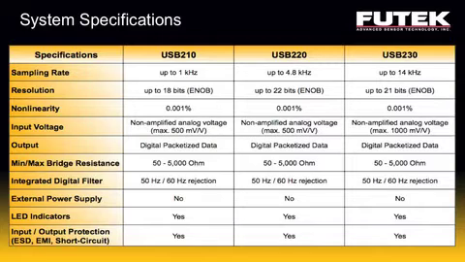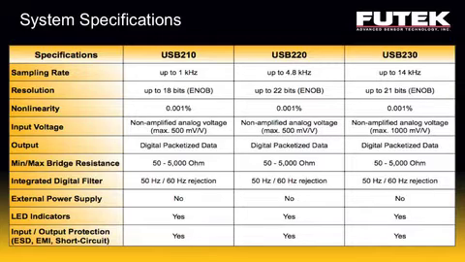They all have similar specs for nonlinearity at 0.001%. They have different ranges for the input voltages. The USB 210 supports non-amplified analog signals up to 500 millivolts per volt. The 220 supports the same range, and the 230 up to 1,000 millivolts per volt. Their outputs are all the same.